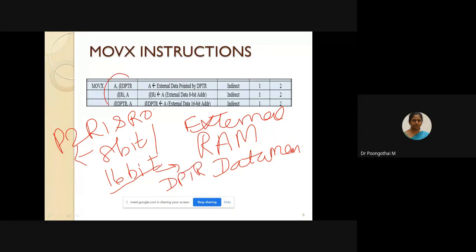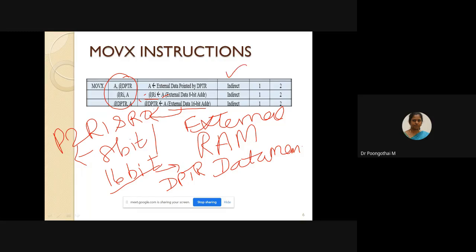Only three instructions are in this category: MOVX A, @DPTR, external data pointed by DPTR to accumulator. And next, external data 8-bit address: the accumulator content is transferred to @R1. And next, external data 16-bit address content to @R0.